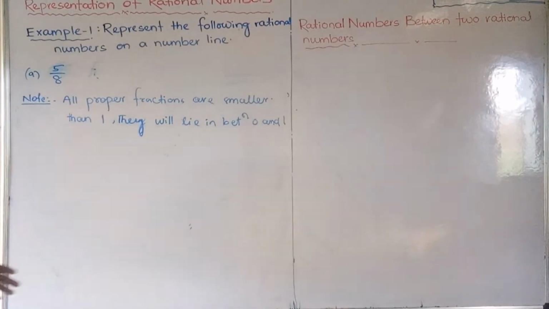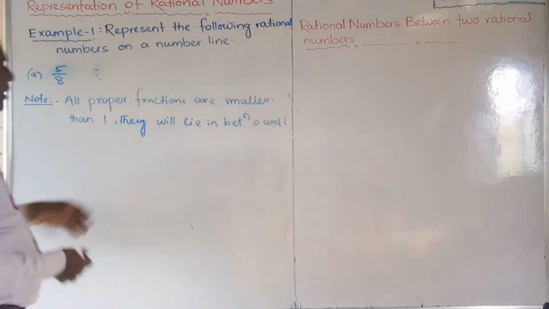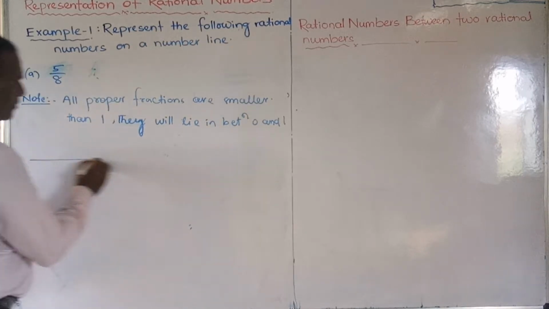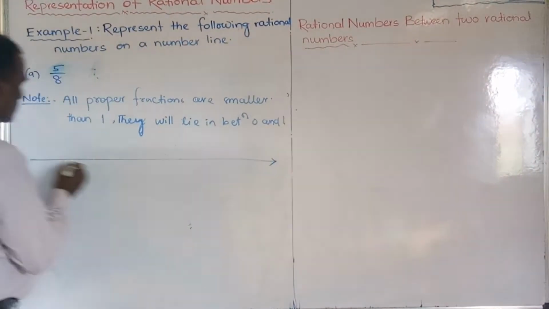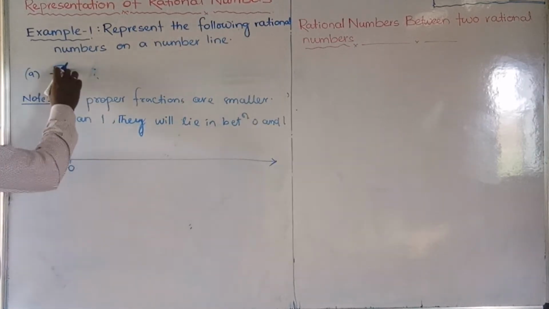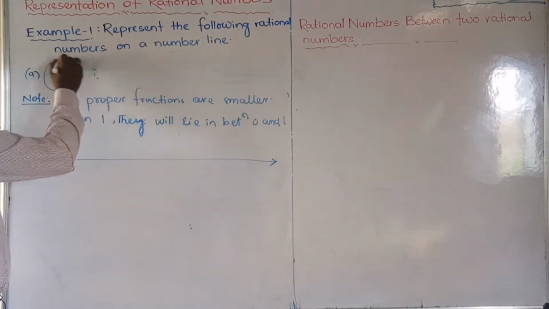If they lie between 0 and 1, how do they lie? For example, you have to draw a number line. First of all, this is 0 and this is 1. Now you have to remember, students, how many parts there are: look at the denominator.